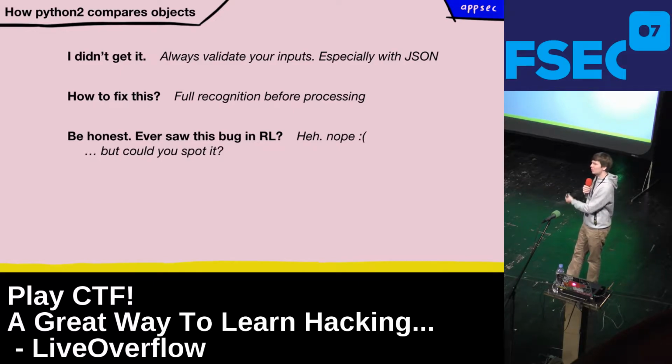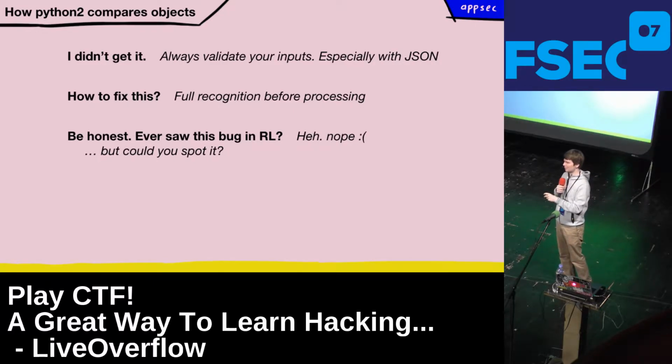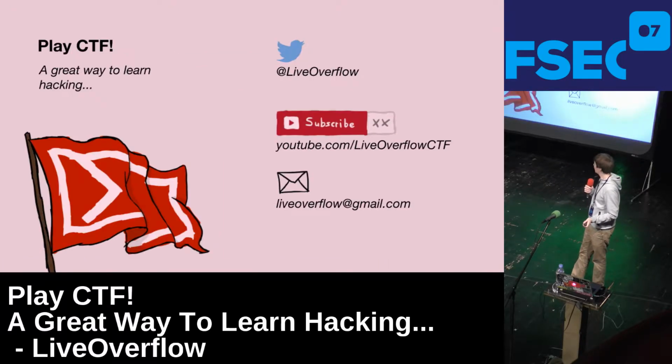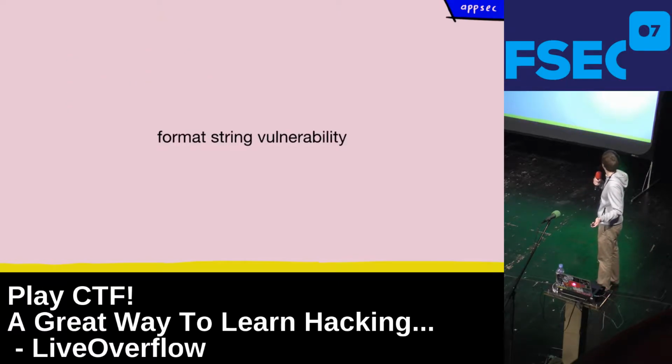The point is, would you have noticed this vulnerability? Would you have tested for it? Would you have tried to enter different types in this JSON format? Would you have known that these comparisons could be screwed up like this in Python? And that's kind of the story here. And it's great that we have more time so we can get more.